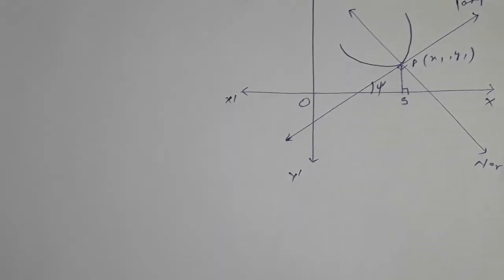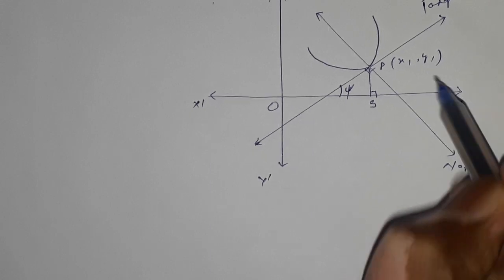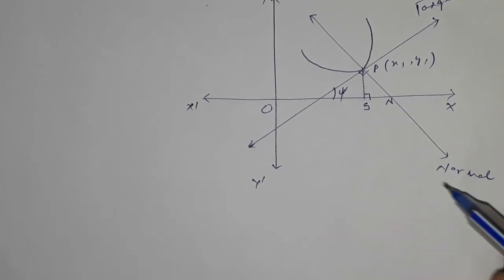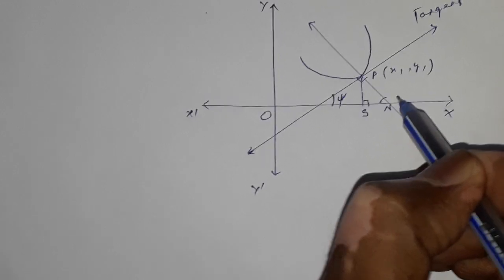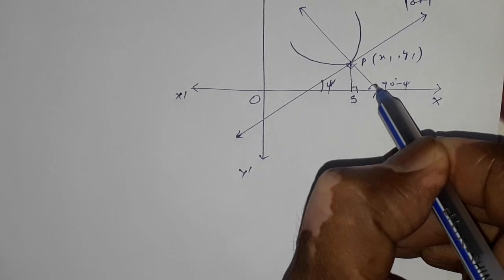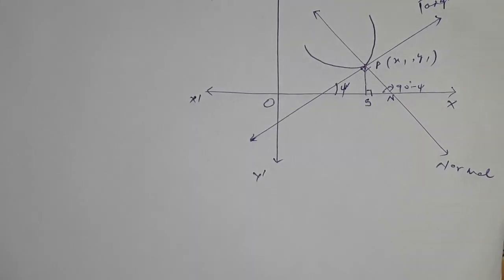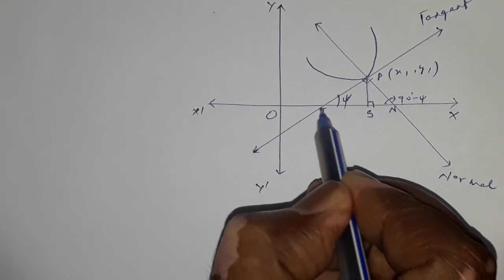This angle is 90 degrees. This angle is psi. Let PN, the angle N is 90 degrees minus psi. Let this point be T.